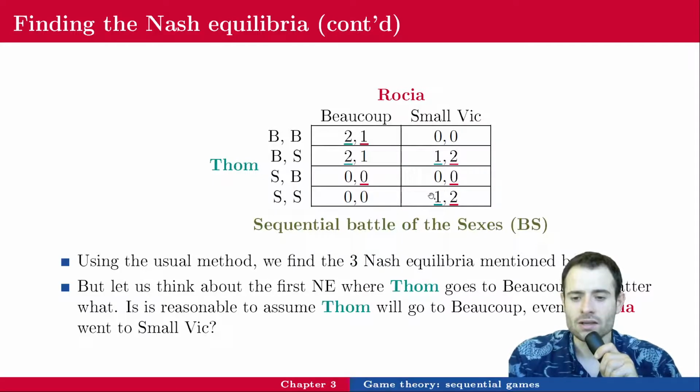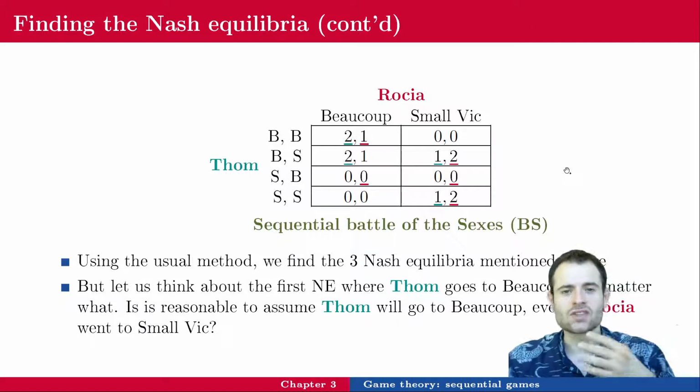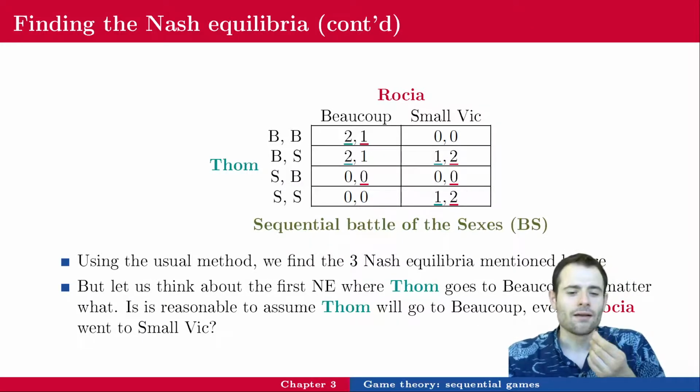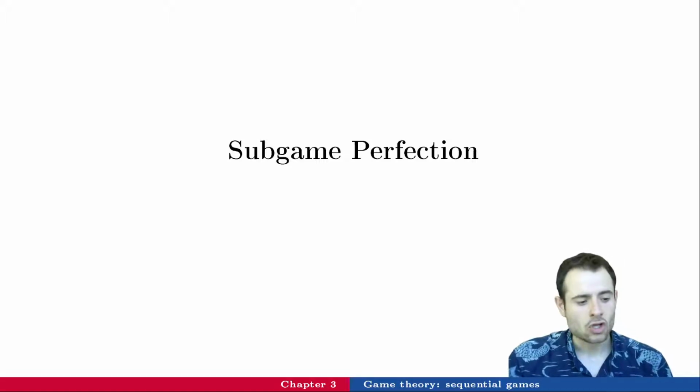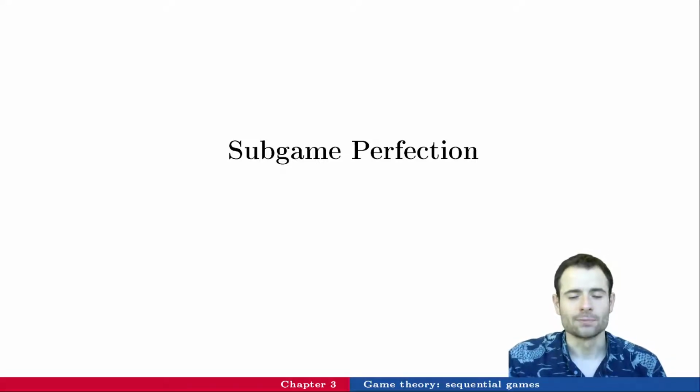Because in this case, if she had decided to go to beaucoup, then Tom would regret going to small victory. So we need somehow to refine the idea of a Nash equilibrium. And this is why we are going to talk about subgame perfection.